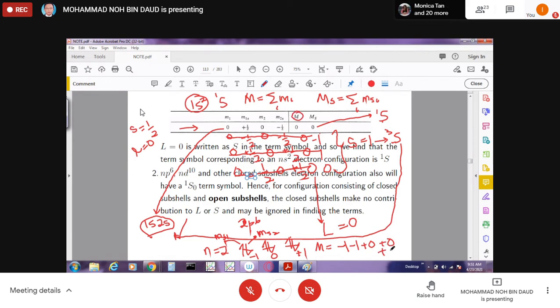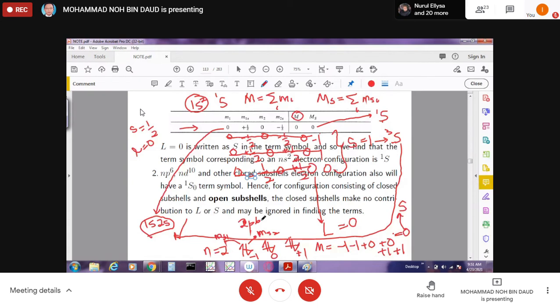Positive 1, positive 1. So this is 0. 0 is S. This as well, for the spin.